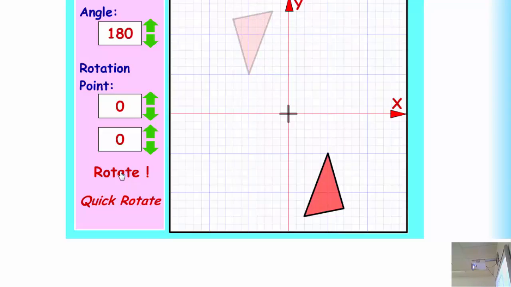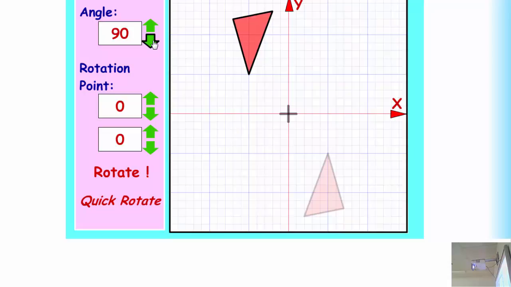Let's rotate quickly this time. When you turn from the origin 180 degrees, it's going to go to the opposite quarter. And when you turn with 90 degrees, now please pay attention to that, it's going to go to the next quarter.